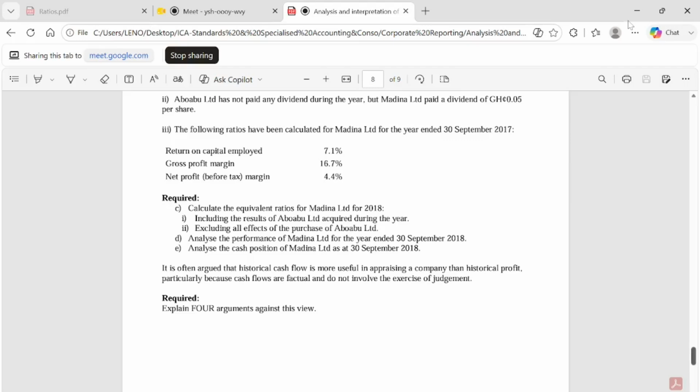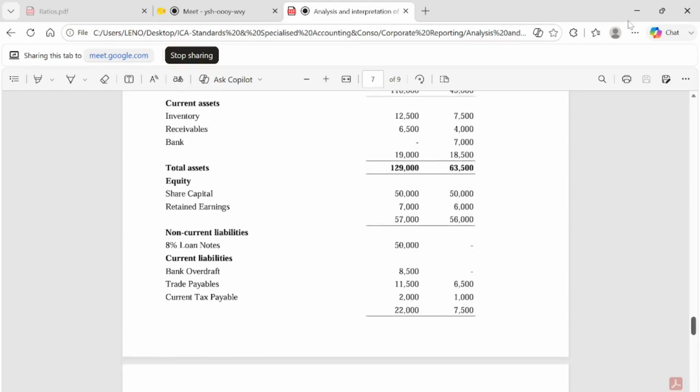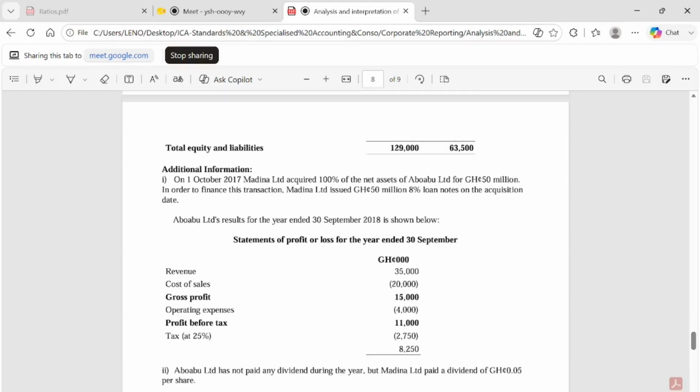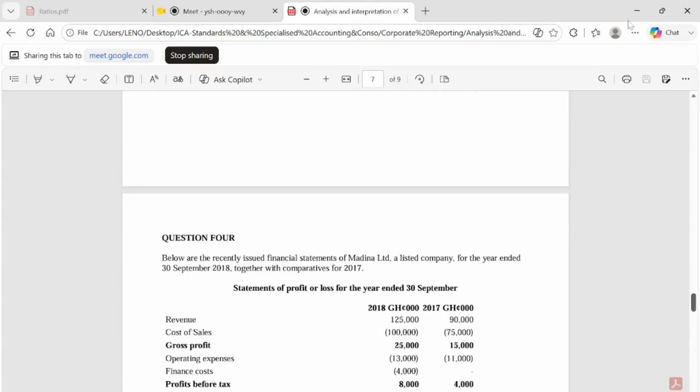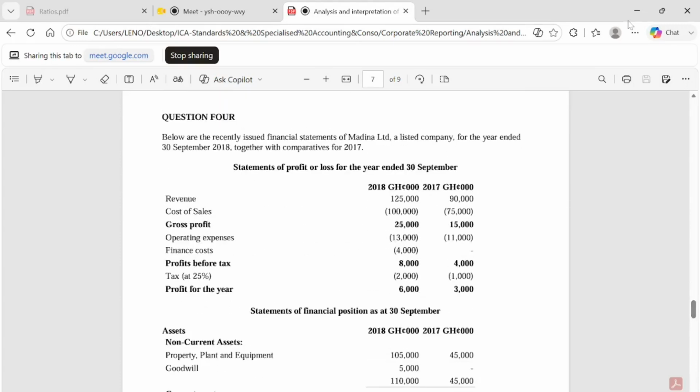Have you seen that this company was acquired in 2017? The subsidiary was acquired in October 2017. It means that when the parent company, Madina Limited, is preparing the account for 2018, they will consolidate Abuabu Limited.